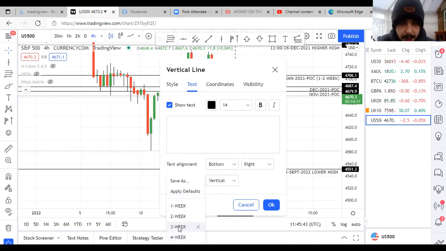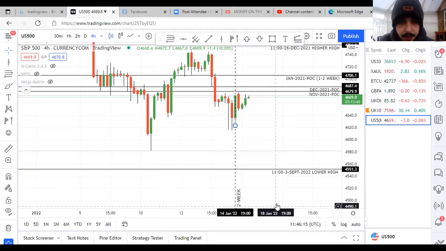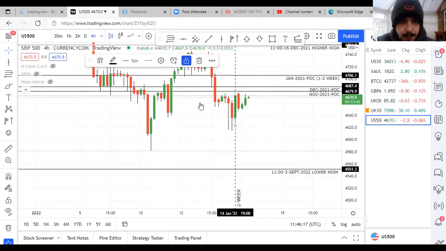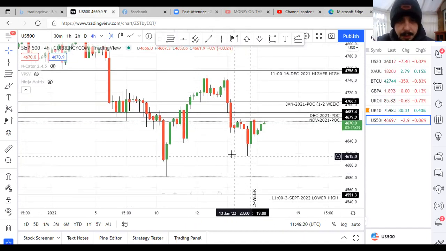So this one would be, let me just get my calendar out. 14th is the week 2, I think. I can swap them all around afterwards anyway, but I'm sure it's week 2. And then I'll lock it off. And then obviously go back, do my session breaks.